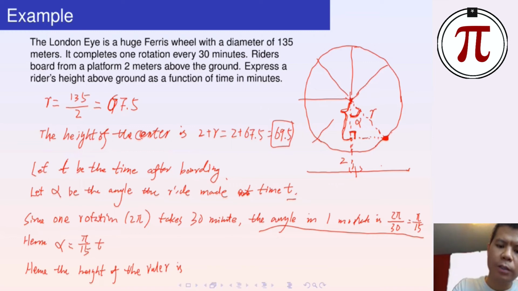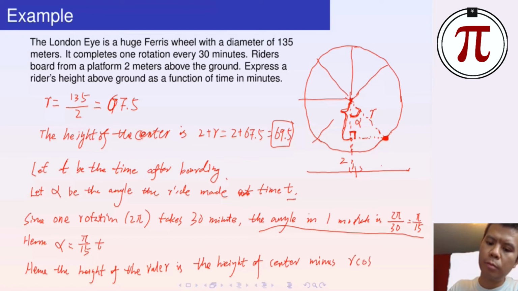The height of the center minus r times cosine alpha, right? Does that make sense? Okay.